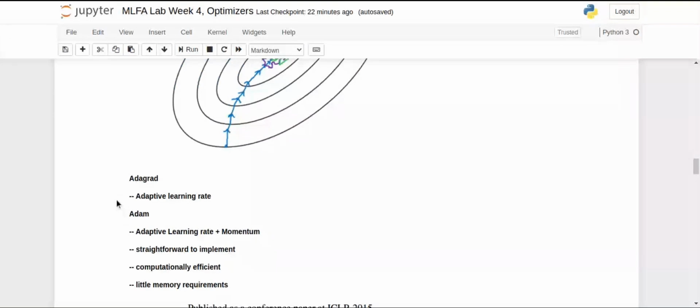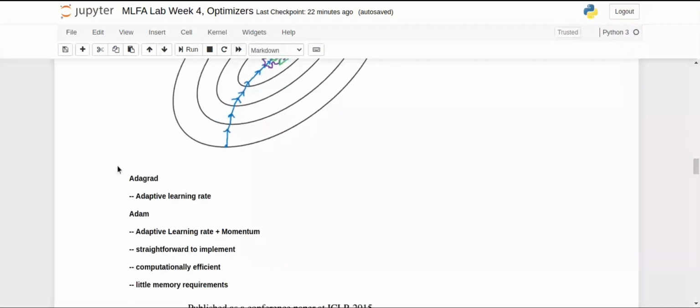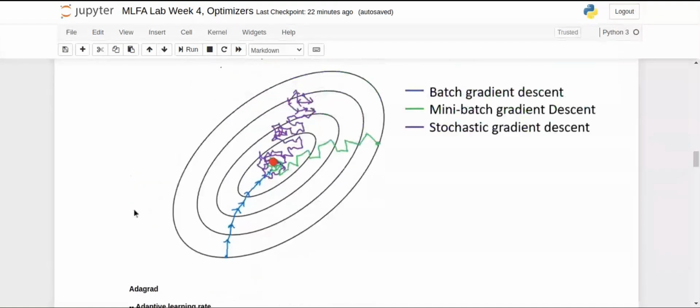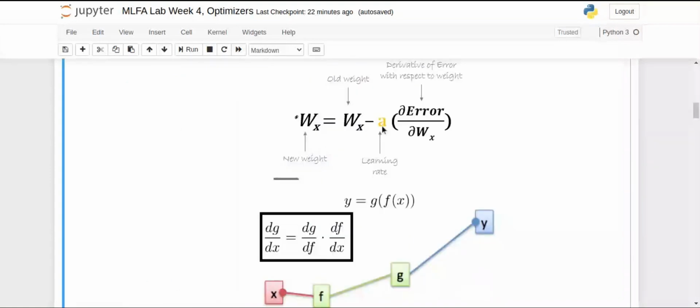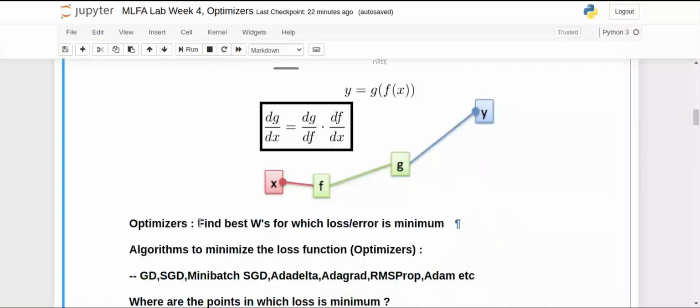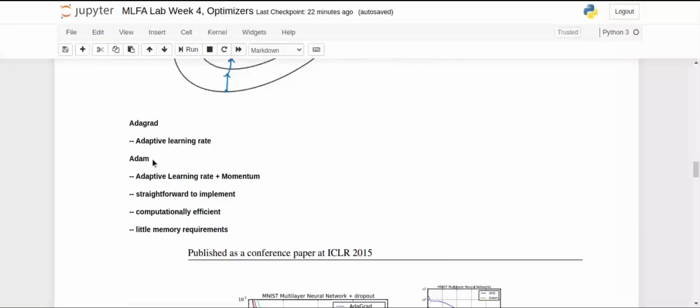Due to some problems with gradient descent and stochastic gradient descent, some new optimizers were invented, for example adagrad and adam. And one more thing, in adagrad, I have said that in this formula there is an eta, or a, which is called the learning rate, which Suraj has already discussed. In optimizers like adagrad and adam, this learning rate can be adaptive.